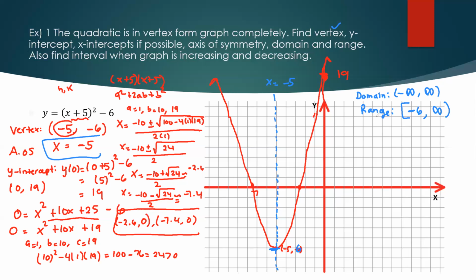And then where is the graph increasing and decreasing? Your teacher may ask you this, so it's good to know. When they ask you for increasing or decreasing, they only mean the x values. They don't care about the y values.